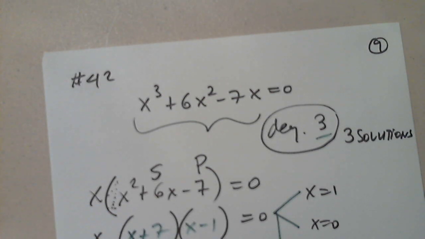I have to correctly identify the coefficients, and they are 1, then 6, then negative 7. And careful, the last one is 0, because there is no free term. Now I want to solve. And here they are. X equals 1, x equals negative 7, and x equals 0.